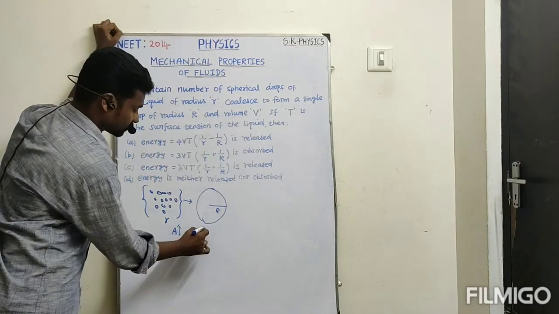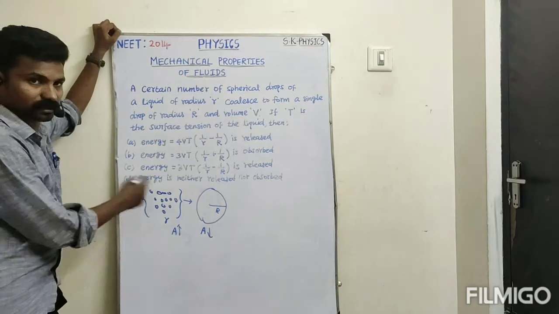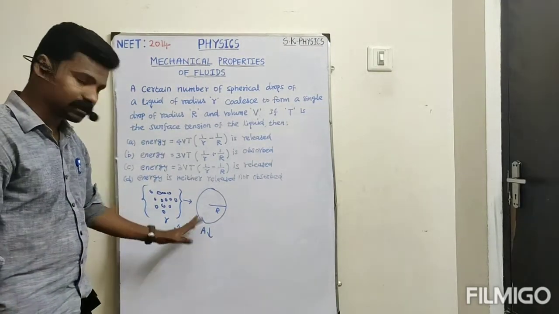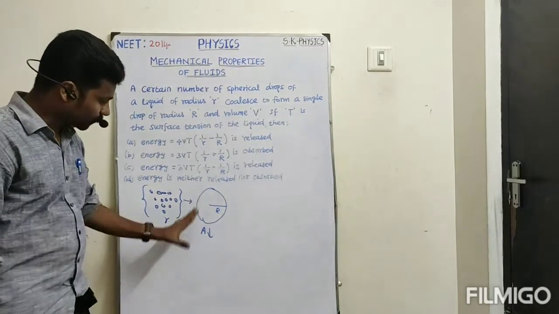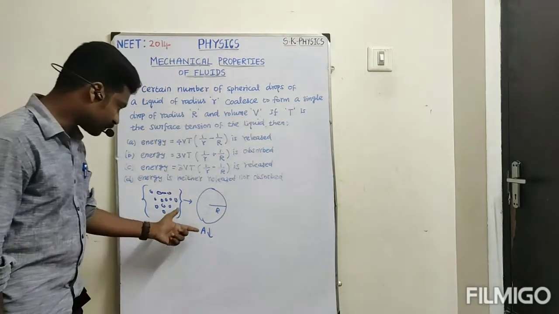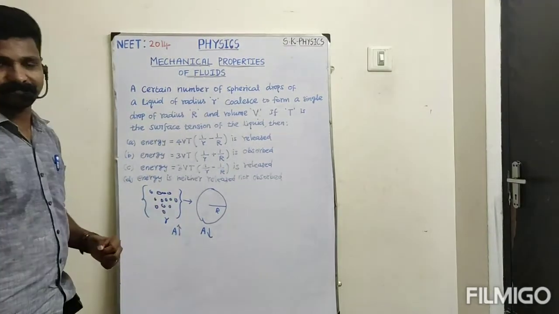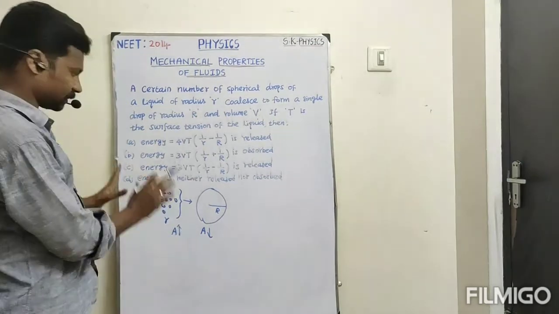But the big droplet's area is less compared with the combined area of the small droplets. So here area is reduced. So here work is done by the surface tension. So here we can say that energy is released, but the previous case absorbs energy. Here it releases some energy. So that is the idea.